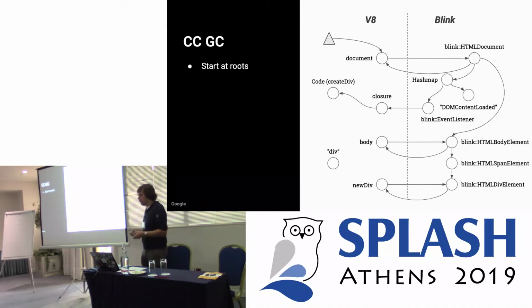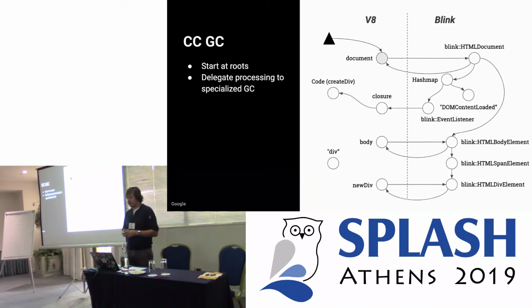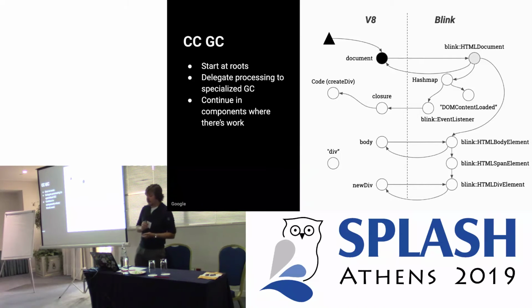So how does it look on our example? We pretend that there is a root somewhere into the document. We figure out the document is live, and at this point we delegate over to a different GC, which knows a different object model, but which knows how to deal with C++ objects. Once we are there, we continue in both components because they can be treated independently.